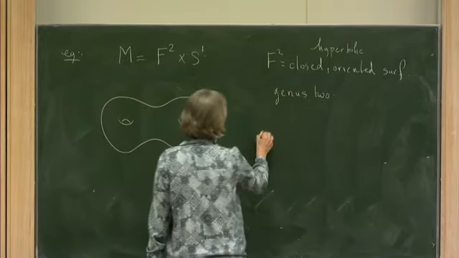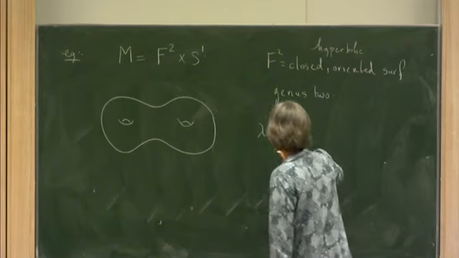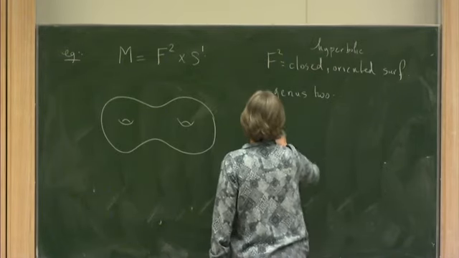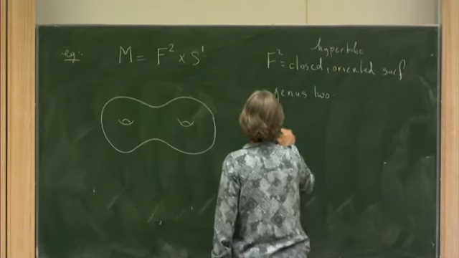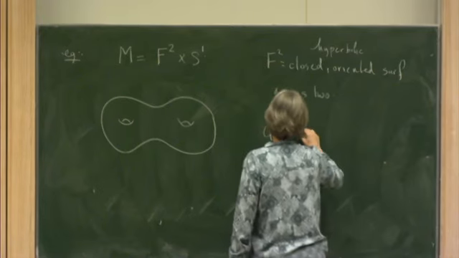So I'm going to think about lambda is, and maybe I shouldn't use lambda because lambda has special meaning. I know foliation, phi for foliation. So phi is going to be, or L. Oh well, doesn't matter.